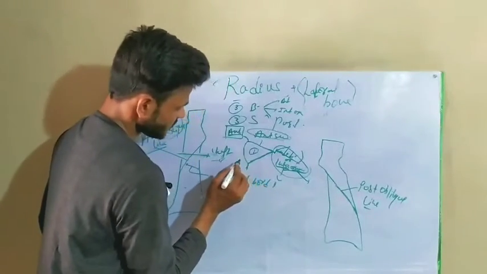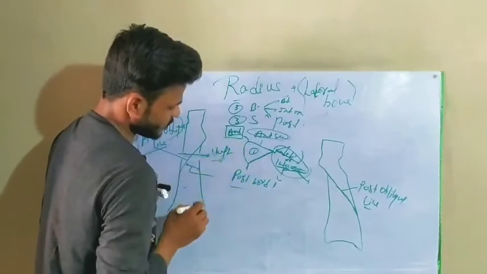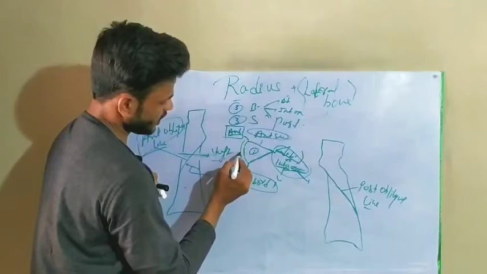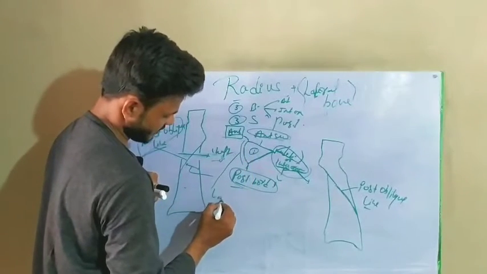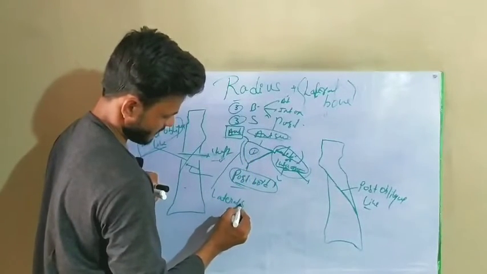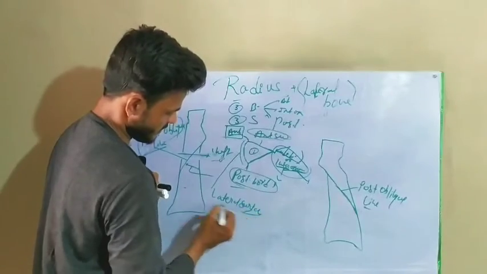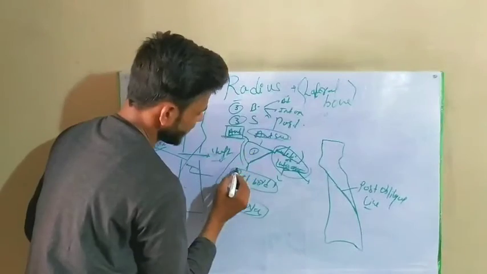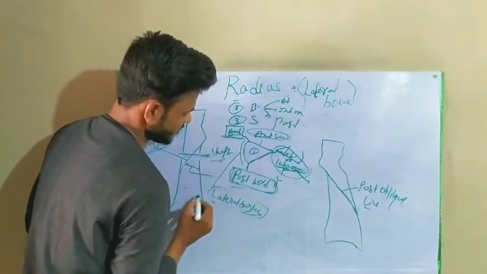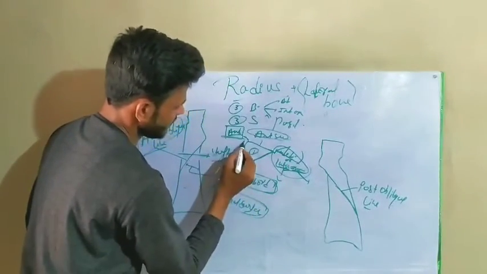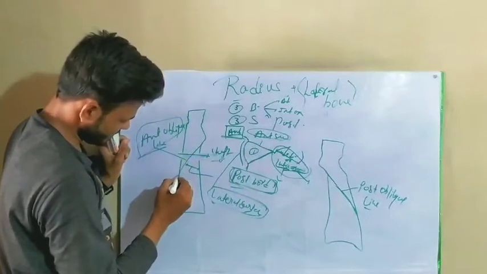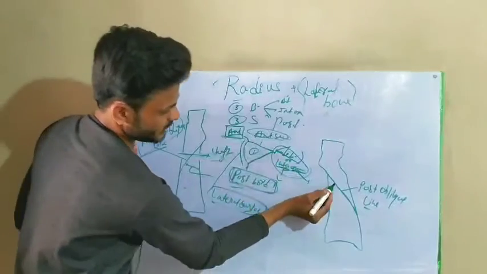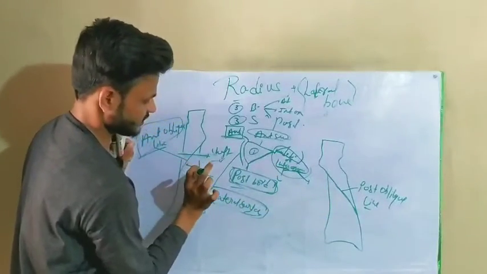Now between the anterior border and the posterior border, this surface is called the lateral surface. This is our lateral surface, present between the anterior and posterior borders.